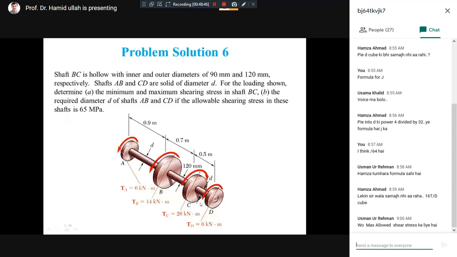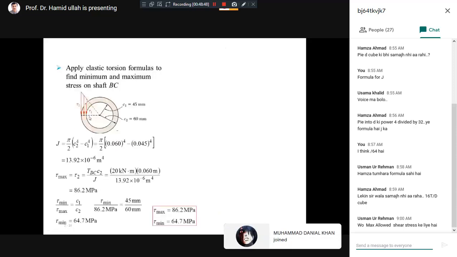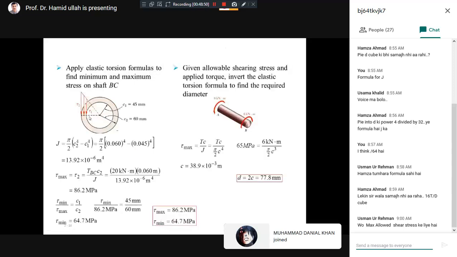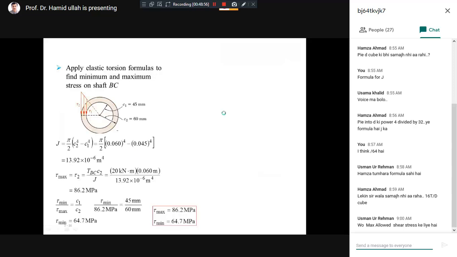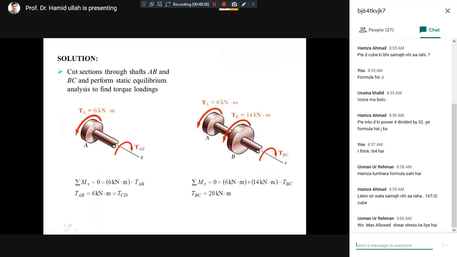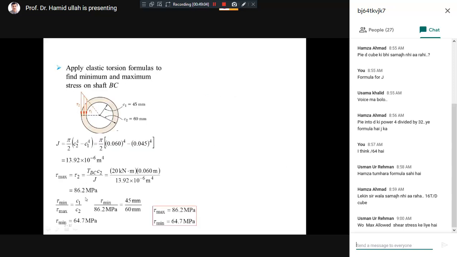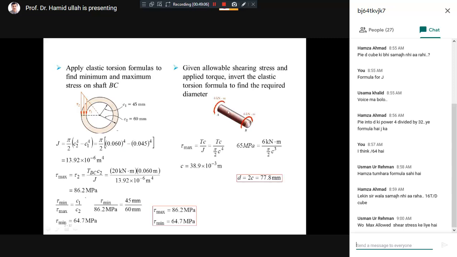Go to this part. This is the free body diagram of shaft AB. Why AB? Because the diameter of AB is required. For shaft AB, the applied torque is 6 kilonewton, and the resistive torque is 6 kilonewton. When we draw a free body diagram, we show all the forces, applied and resistive. So the torque is 6 kilonewton.